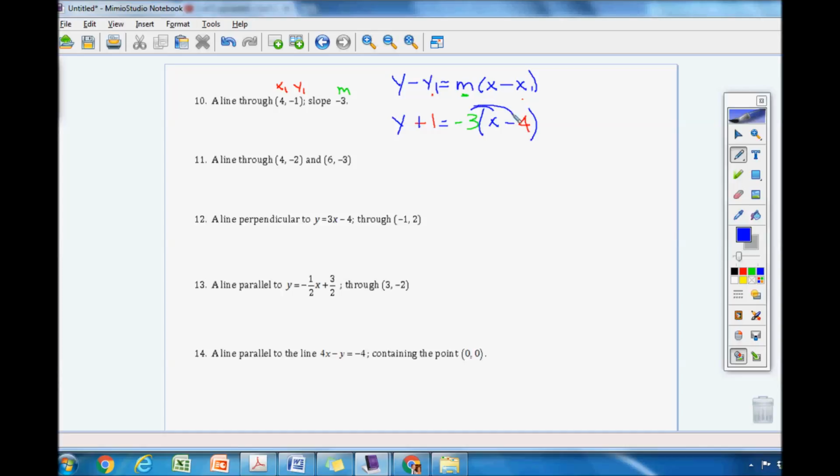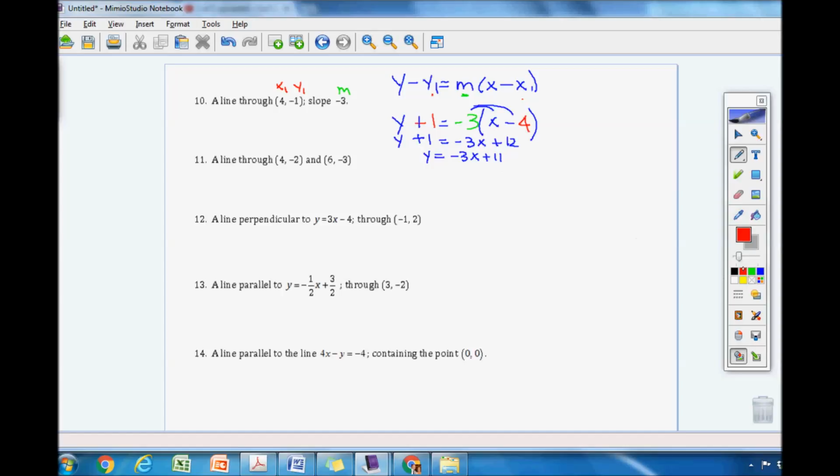And here's where I want to distribute. So this is going to turn into, I've got to start writing smaller, y plus 1 equals -3x plus 12. All right, I want to go ahead and move this over. So now I have y equals -3x, and I'm going to be subtracting, so it's plus 11 now.